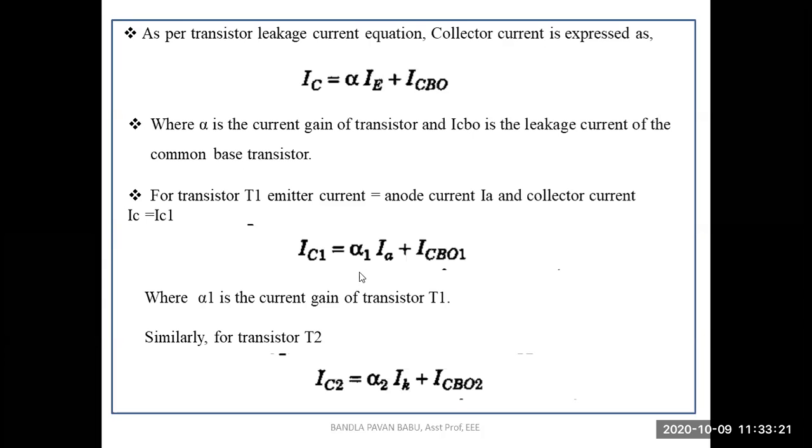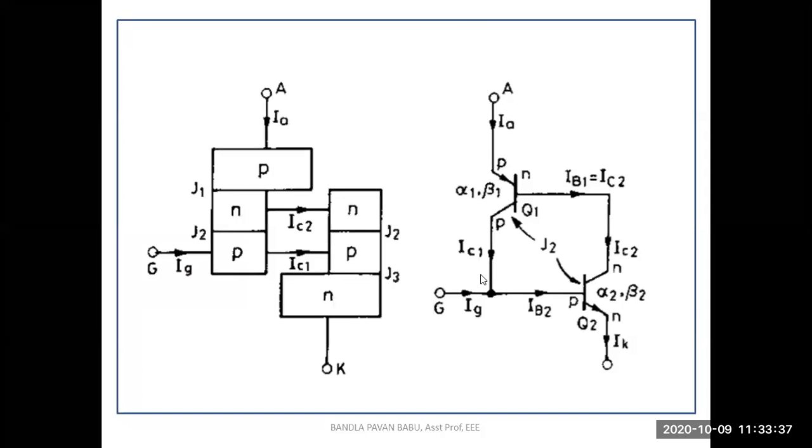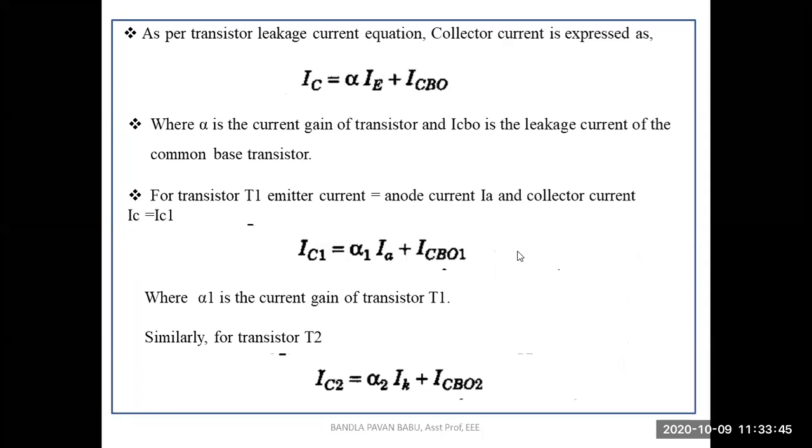Then the equation appears like this for transistor T1, or transistor Q1: the emitter current is the anode current, and the collector current is IC1. So IC1 equals alpha 1 into the emitter current, that is IA, plus the leakage current.